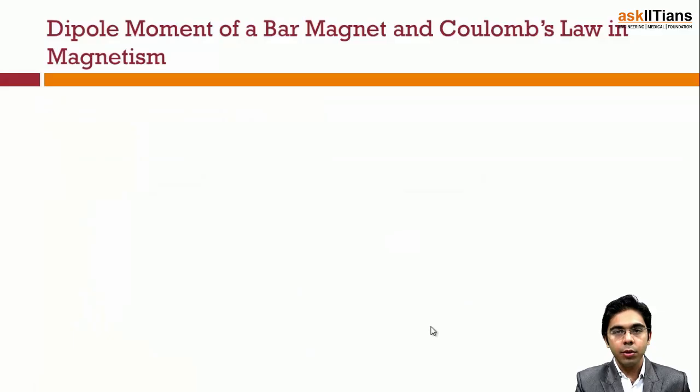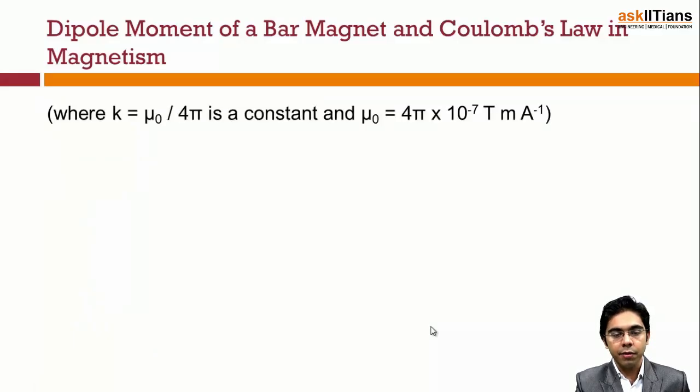Now let's proceed towards the dipole moment of a bar magnet in magnetism, where K is equal to mu naught by 4 pi, a constant, and mu naught is equal to 4 pi into 10 to the power minus 7 Tesla meter ampere inverse.